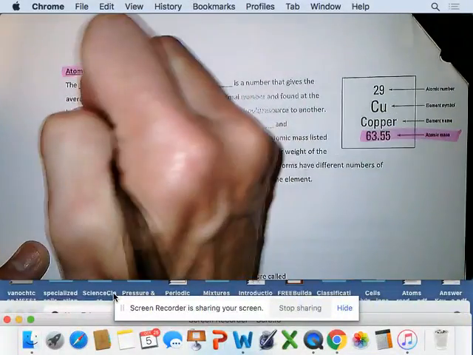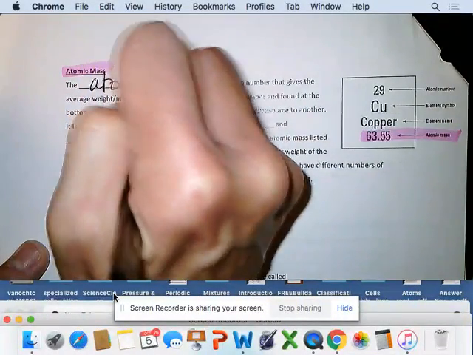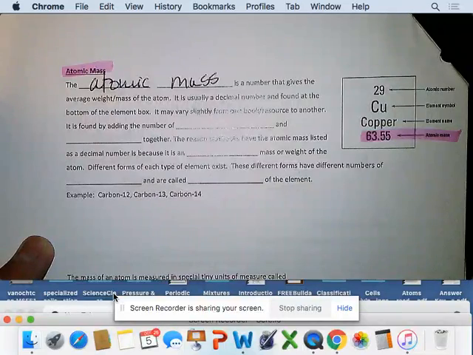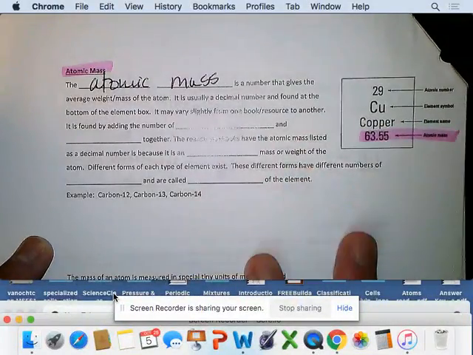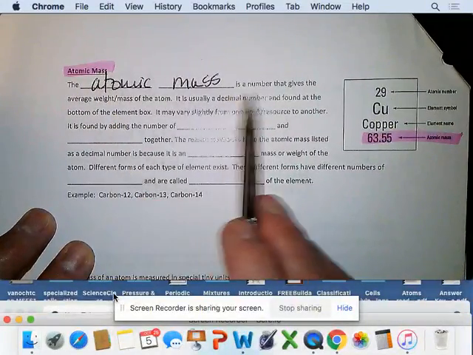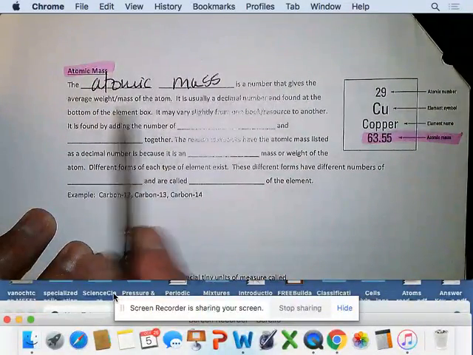Okay, so the atomic mass, and this is a really good reference sheet. Hold on to these notes because they'll really help you. If you get confused on your homework, look back and it'll help you understand what to do to figure out the protons, neutrons, and electrons using your periodic table.